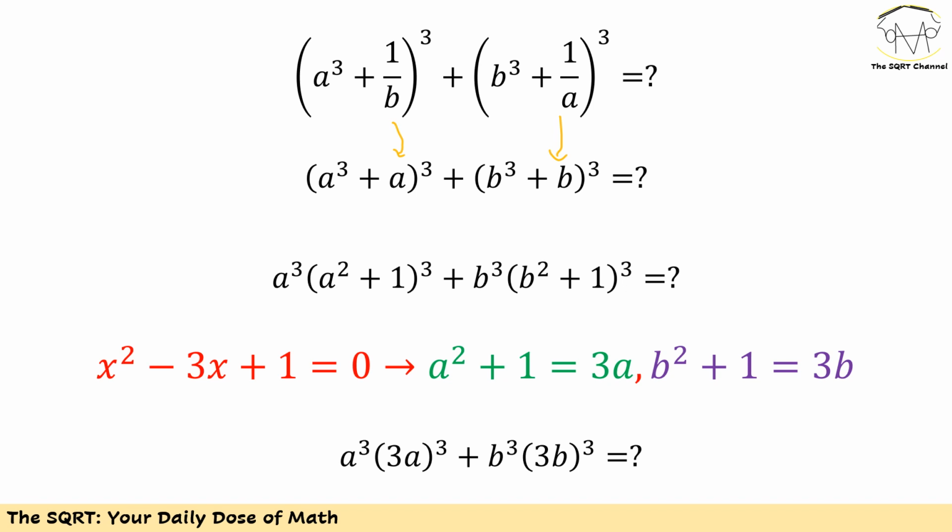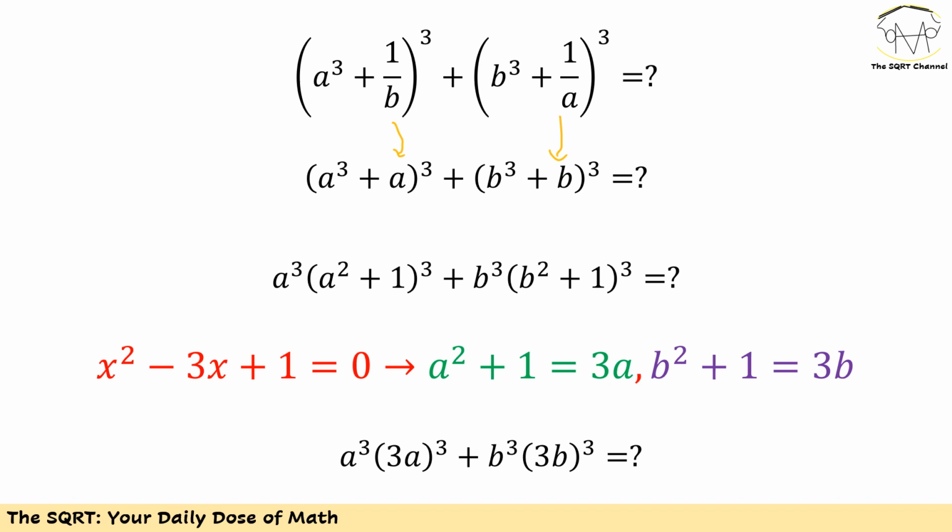Now let's move forward. The thing that I'm going to do here is to see what I have for a squared plus 1. Since a and b are roots of the equation, instead of using x, I can use a. If I do this, then you can realize that a squared plus 1 is going to be 3a, which is something nice, since I already had this a squared plus 1 in the first step.